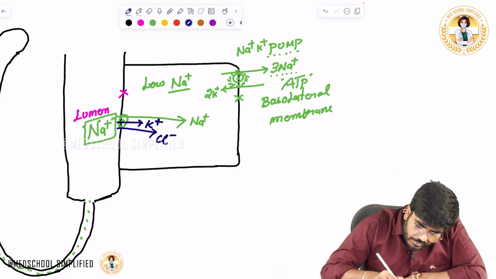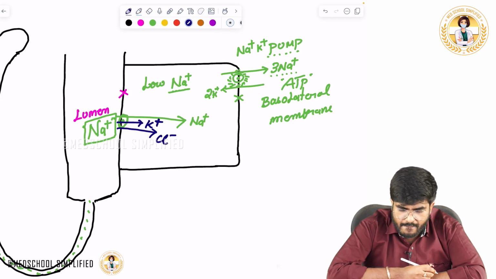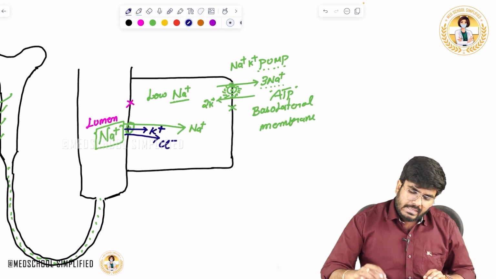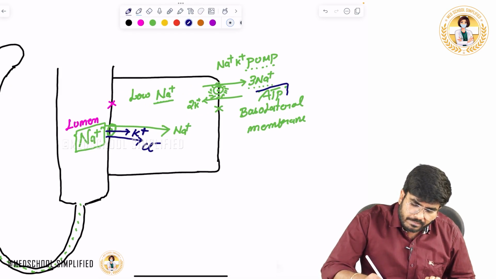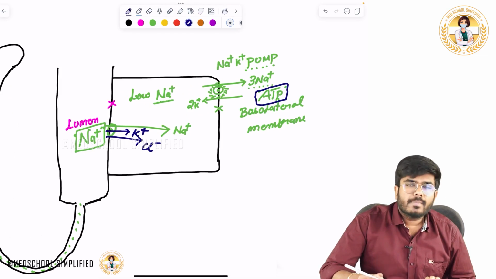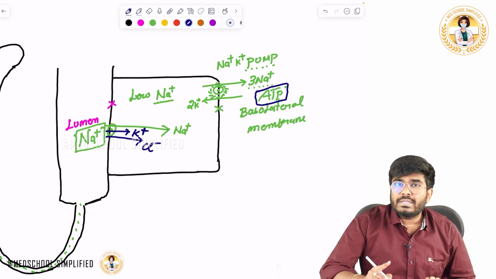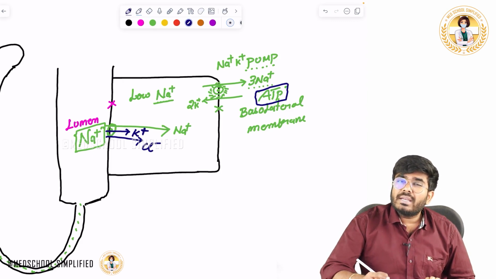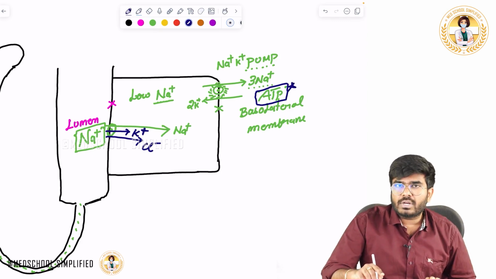The point which I want you to know is, see here, ATP is involved. Because of this ATP, we are calling it active transport. Why are we calling it active transport? Because ATP is involved. But why are we calling it secondary active transport?